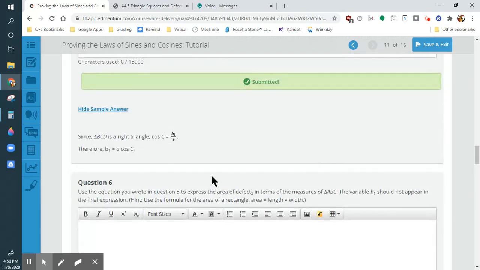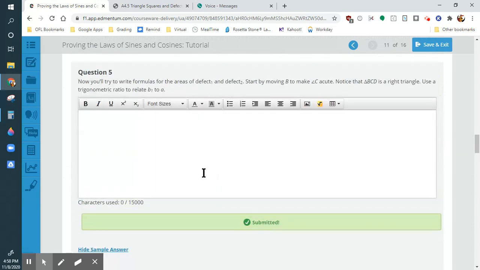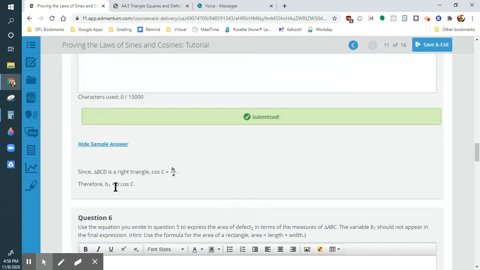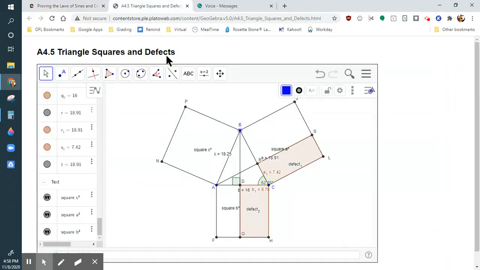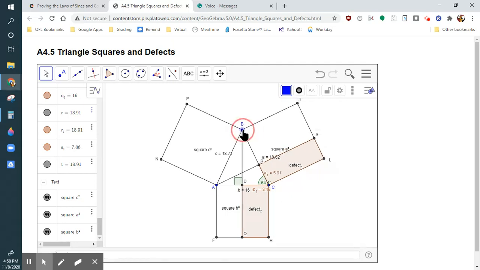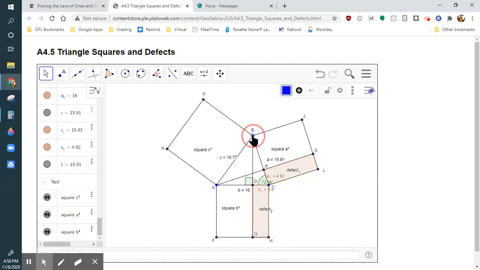So they're saying that if we have this right triangle, we can say that cosine of C equals B1 over something. So they're saying, how can we figure out this side right here, this B1?